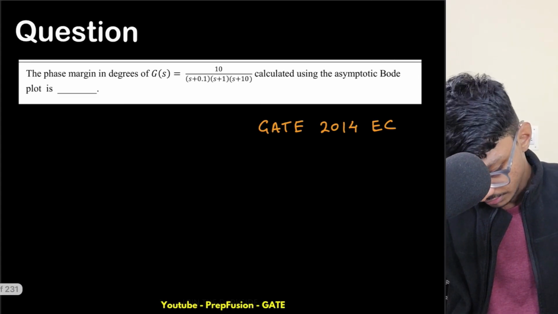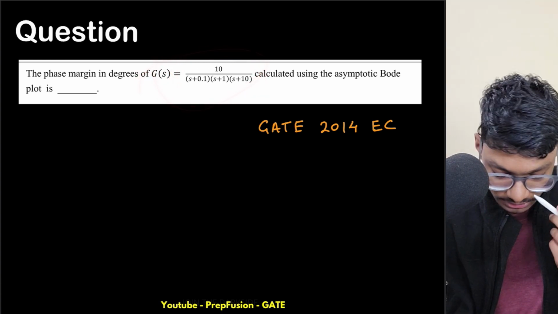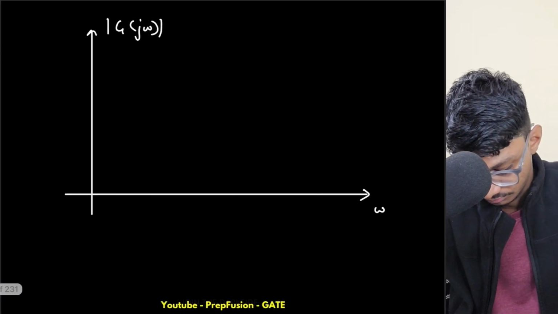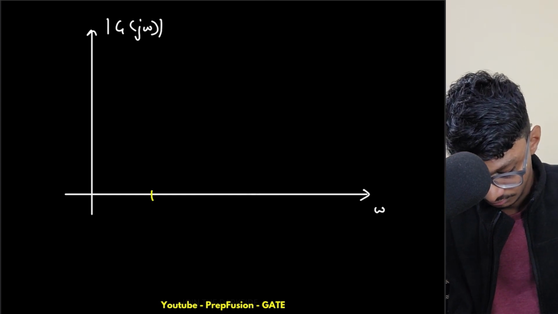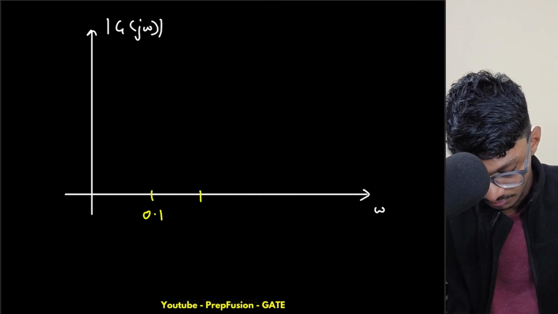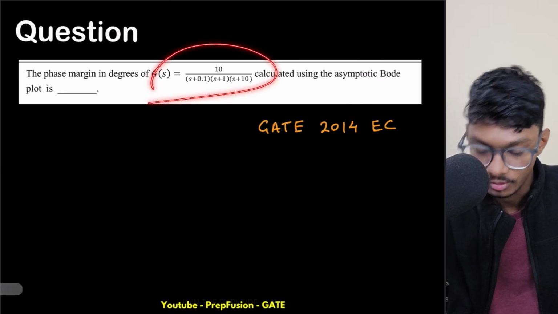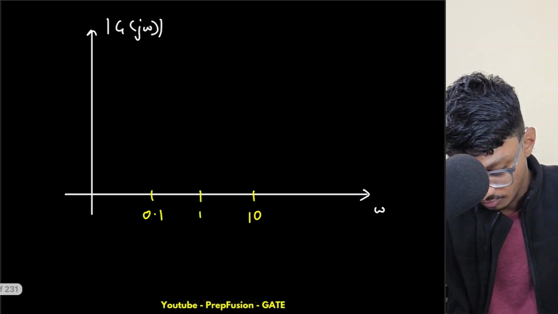Now here they've given us the transfer function. I will mark the corner frequencies 0.1, 1 and 10, and obviously I will convert this into general time constant format, because this is not in general time constant format. So if I convert this into general time constant format, what do I see?